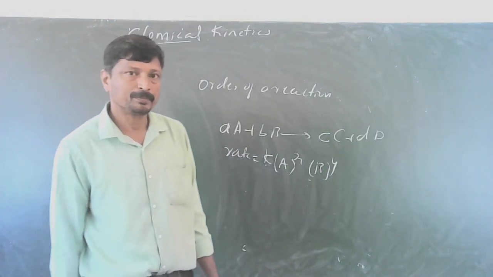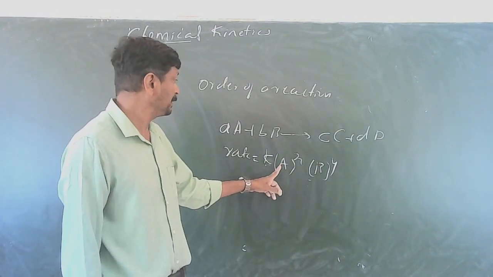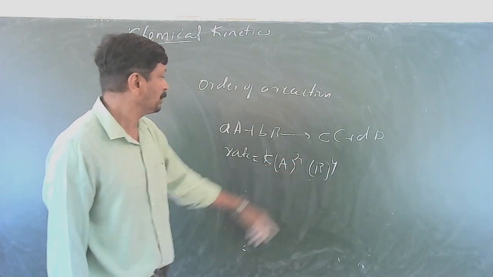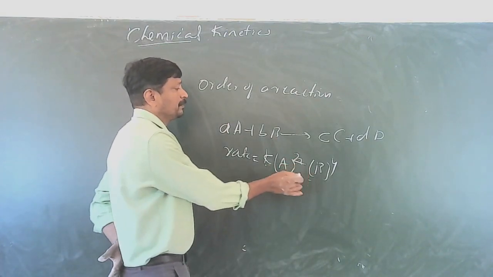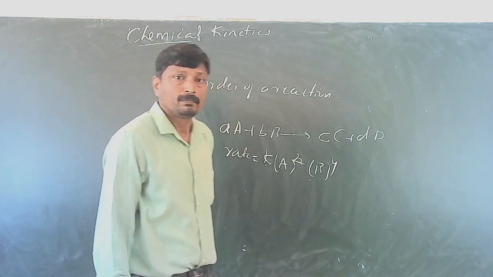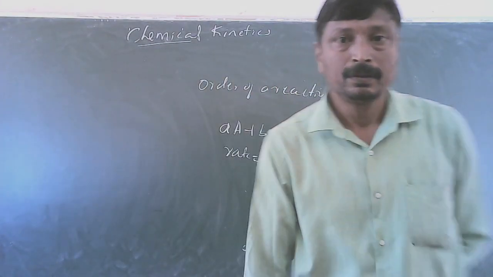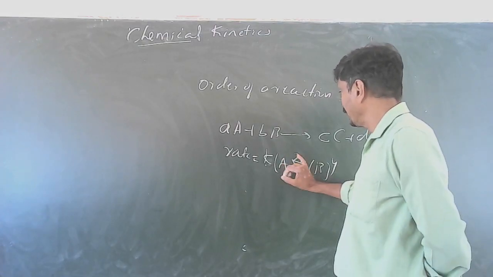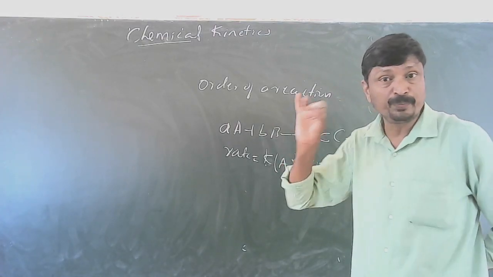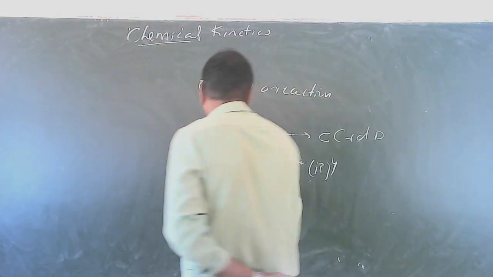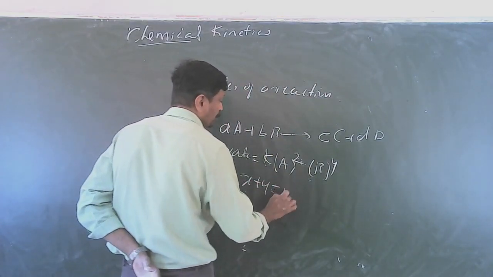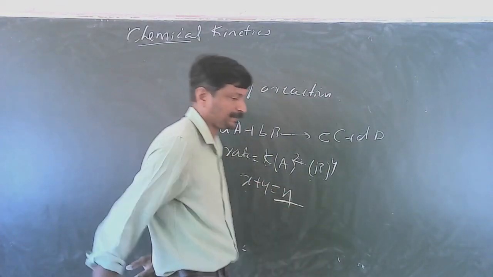The order with respect to A is x, the order with respect to B is y. The total order of reaction x plus y is equal to n. n is the order of reaction.